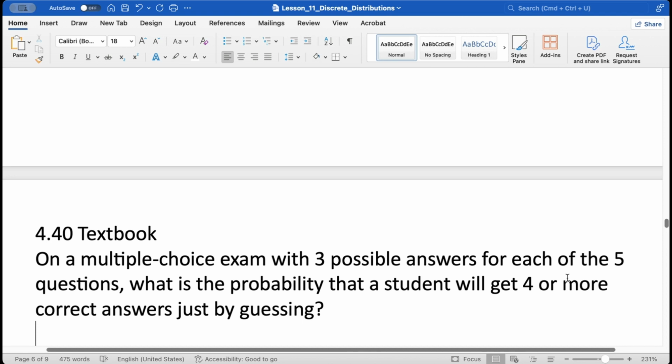We have a fixed number of trials, 5 questions. The probability of guessing correctly is 1/3, and that will never change. The guesses are independent. And the number of successes we're looking for is 4 or more, which is 4 or 5. Even though there are 3 possible answers, we can view this as 2 outcomes, either correct or incorrect.